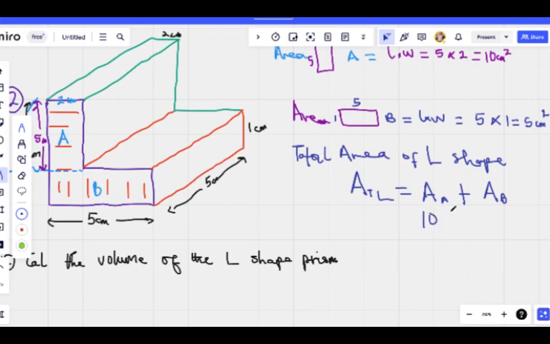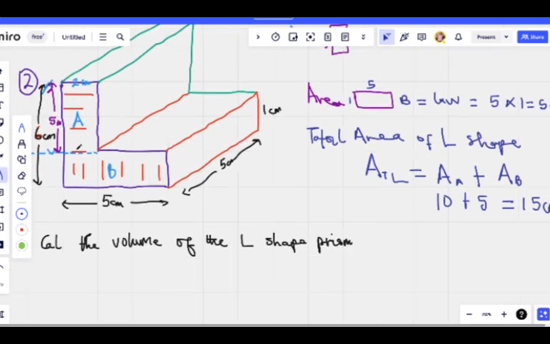So I just write 10 plus 5. We put the centimeter square in the final answer. Plus 5, which is equal to 15 centimeters square. Remember, we're dealing with area, so we put centimeters square. So that's the total area of this L shape. Okay?